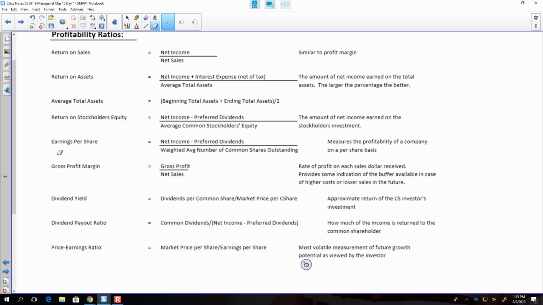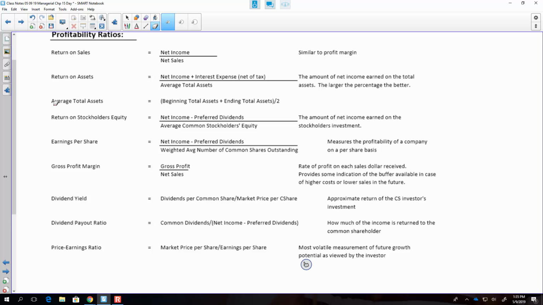In many cases, these ratios are not used by our smaller companies. These are the ones used by the large companies with corporate stock, maybe those on the New York Stock Exchange, very large companies.